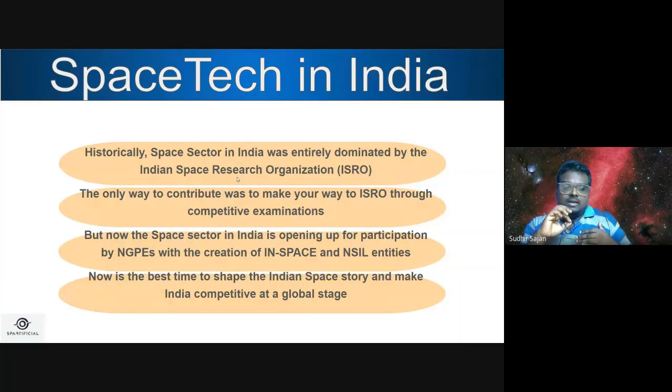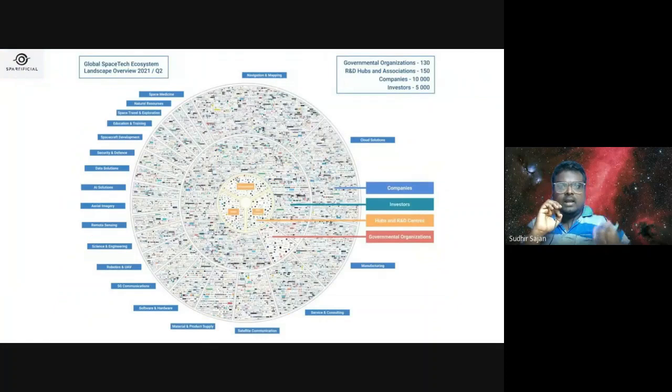They will do the technology improvisation and train you, but they need some calibration in the students. And if we take the globe, more than 130 government space organizations, more than 150 R&D, more than 10,000 companies, and more than 5,000 investors in space exploration. This is going to be a nice career, right?